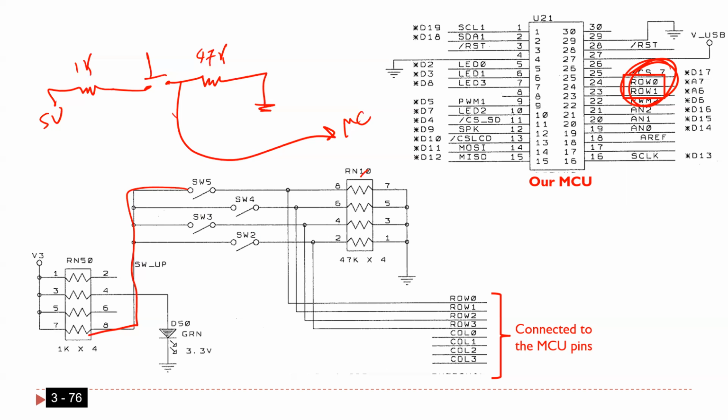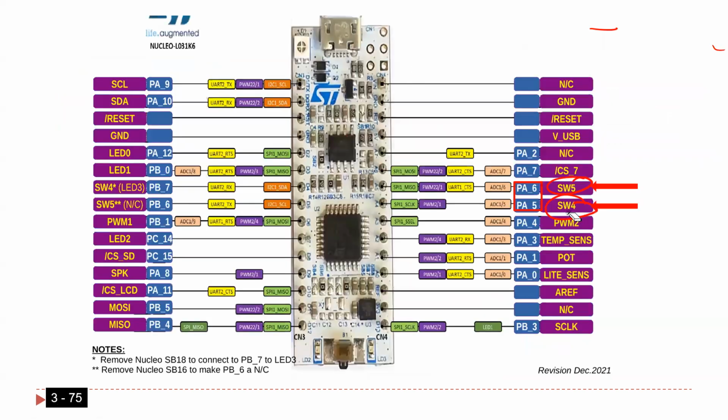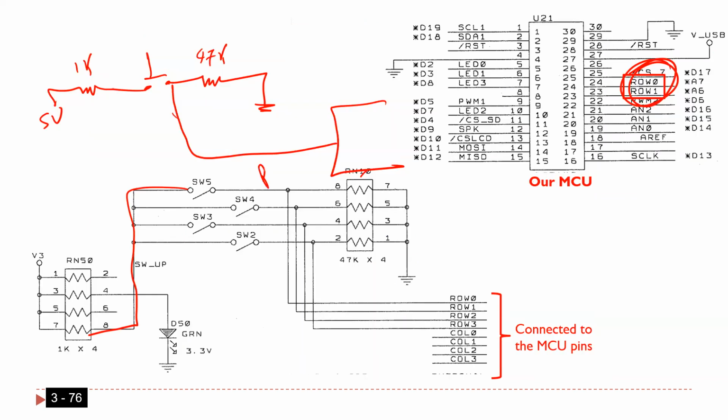Is that okay? So let me ask you a question. If you have some little information about electronics circuits, tell me if I don't press the button, what voltage is this pin going to have? As I said, if I talk about switch 5, it's connected to PA6.